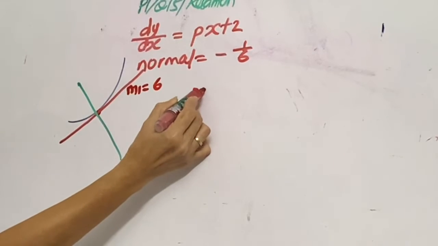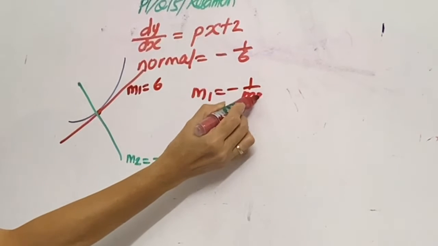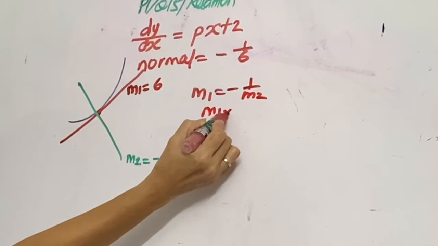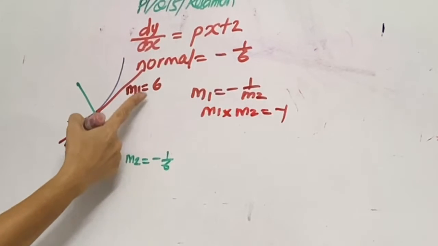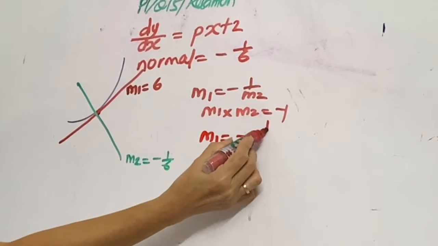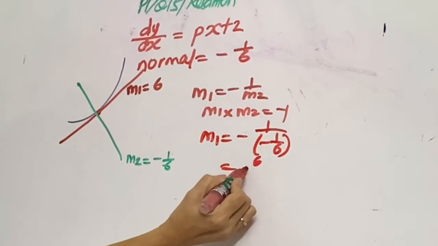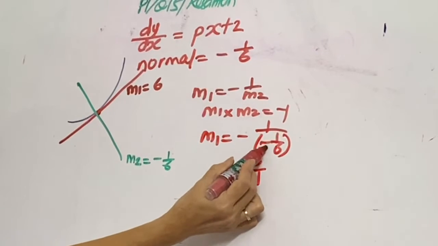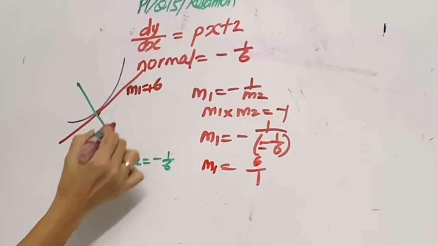So M1 is -1 over M2. Obviously the 6 will go up because we divide. You can try to substitute like this if you're not sure. It will inverse the 6 up, become 6 over 1, negative and negative become positive. So M1 will be positive 6.